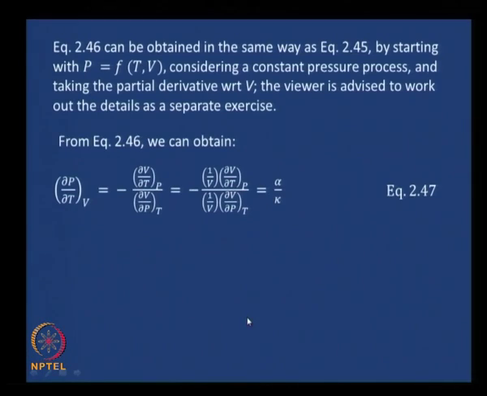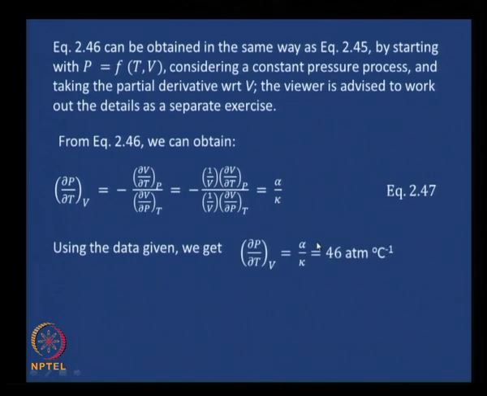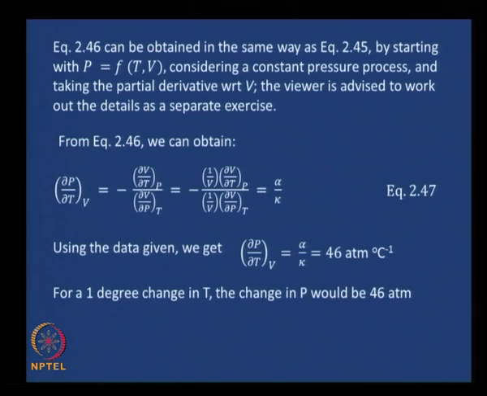Okay. You would have had time to work things out. Alpha and kappa are already given in the problem statement; the data is already given. If we substitute here, alpha by kappa will turn out to be 46 atmospheres per degree C. Therefore, what is this (∂P/∂T) at constant V?